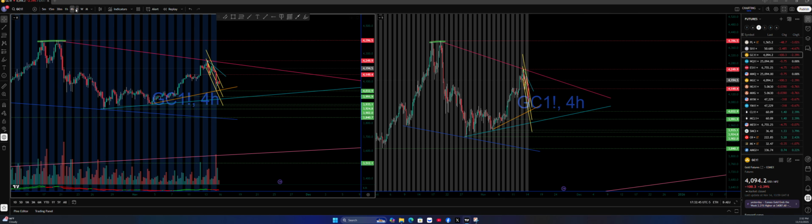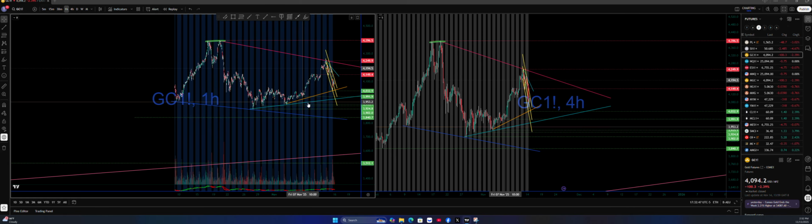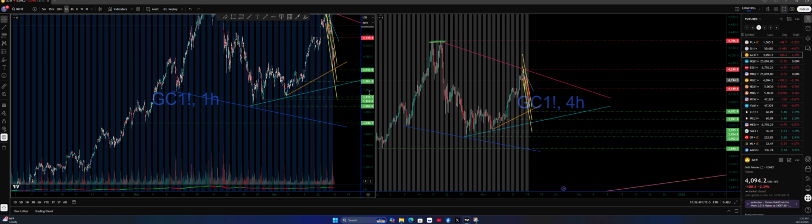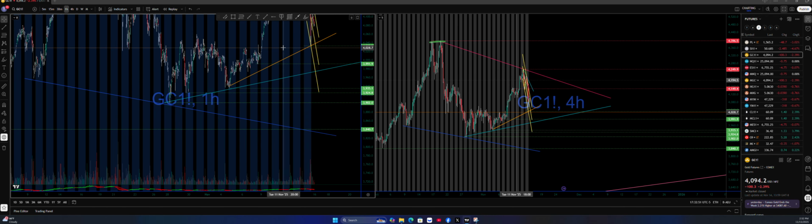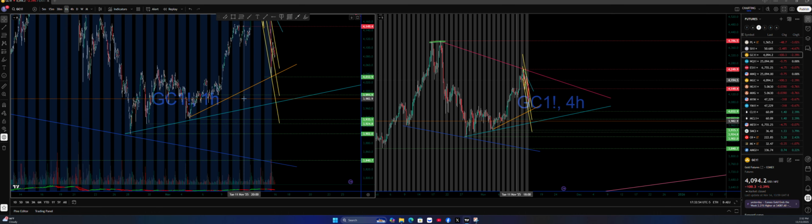Let's go down to the hourly. On the hourly, just to let me know that this is some type of bounce, I will put horizontal lines off of the last areas where I noticed we made a dip and then an impulsive move up. So this is a higher low, higher low, higher low.